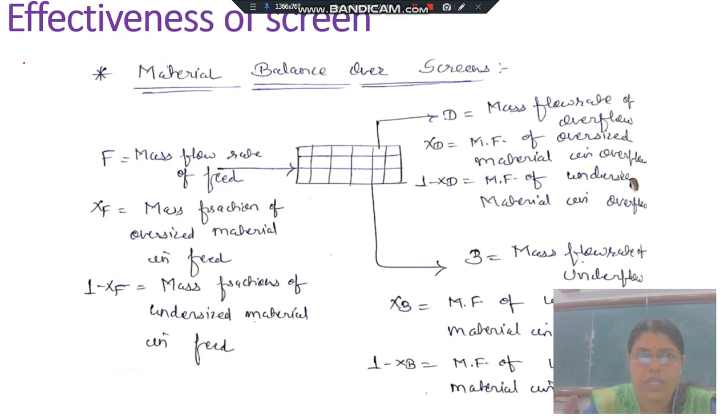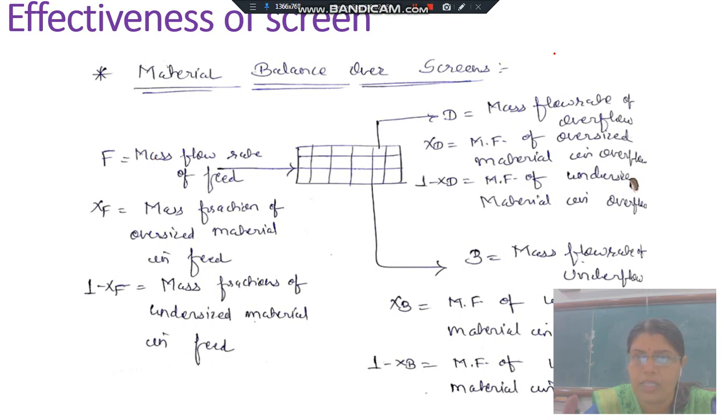Now we have to derive the formula for the effectiveness of the screen. Effectiveness means how effectively it will separate the oversized and the undersized material. If I take the example of the screen over here, this is my feed. My feed has A and B material.